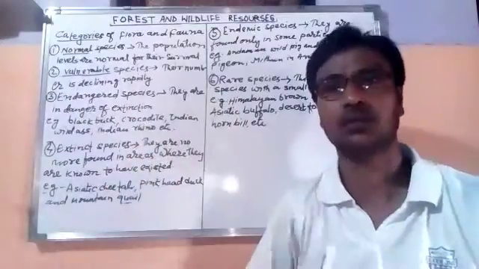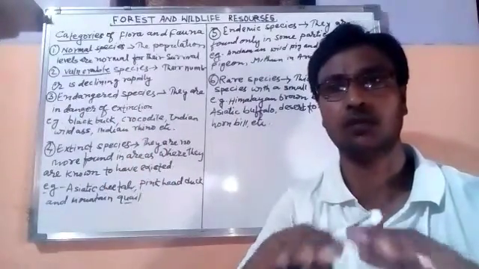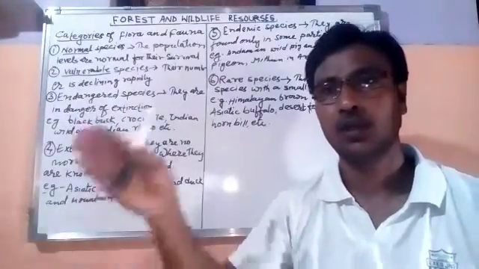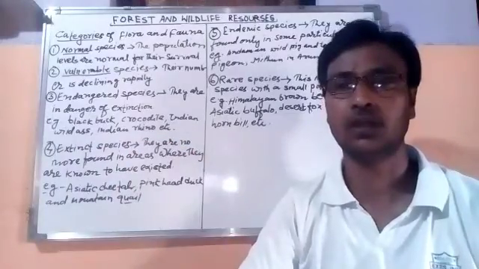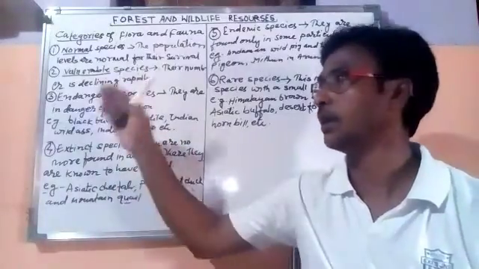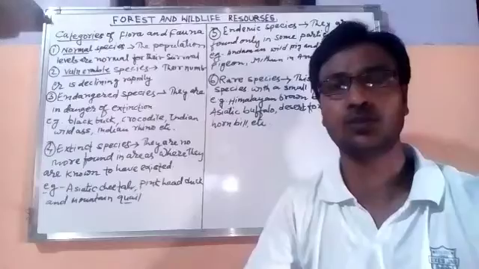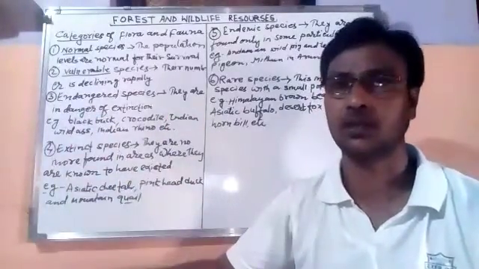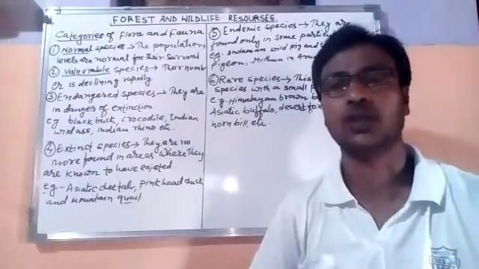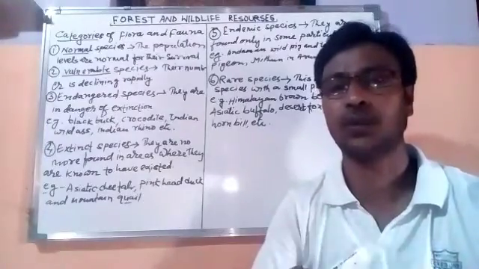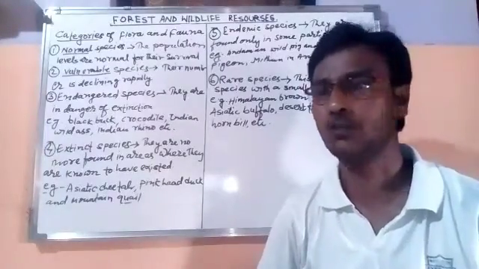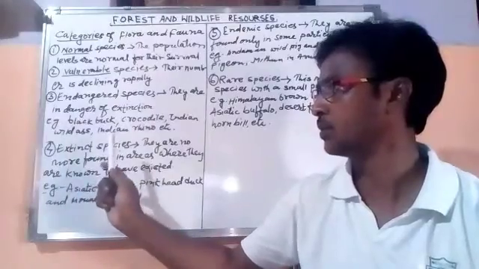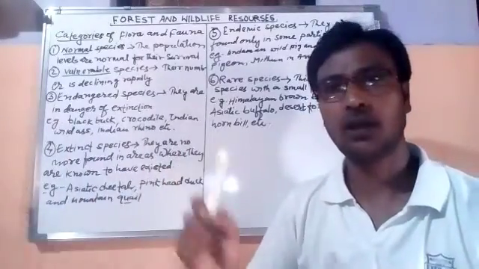The second is decreasing very rapidly, and very soon they will be in the endangered list. The endangered have decreased so much that very soon, if not protected, they will be in the extinct list. And the extinct are already finished from different parts of the earth's surface. So they are extinct species of flora and fauna.